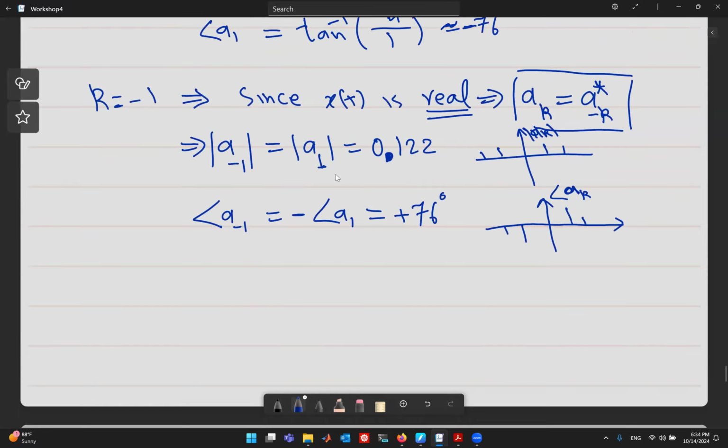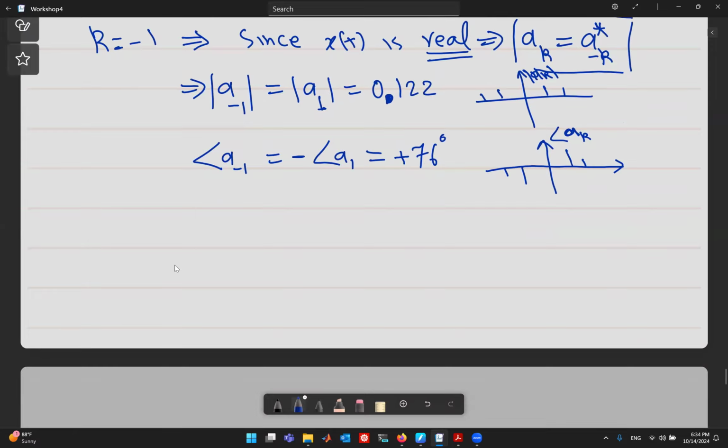Now let's plot those in an accurate way, just to make it clear. We always plot those coefficients in terms of k omega naught, because they are the harmonics of the fundamental frequency. So we plot them in terms of multiples of the fundamental frequency. Omega naught was 2, so we plot them in terms of 2k.